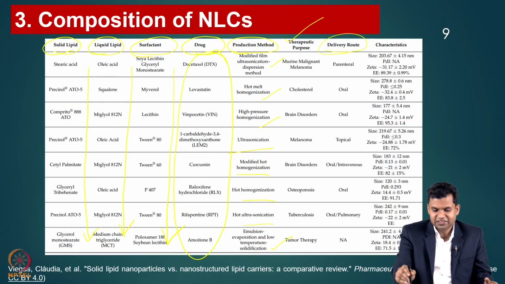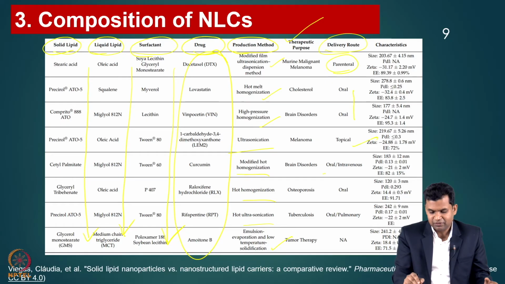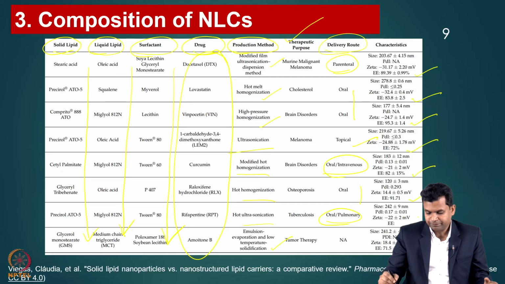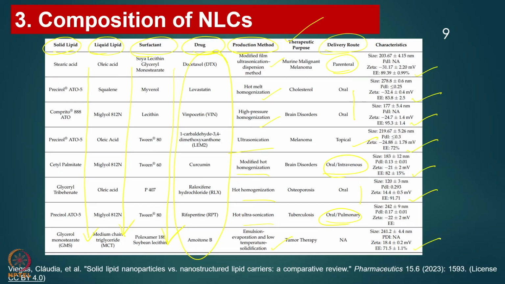Now you can see the greatest advantage is that you can go parenteral, oral, topical, and even pulmonary is possible, right? You can see the particle size and the drug loading when you go with NLCs, right? Today we are going to see one more case study in the upcoming slides.